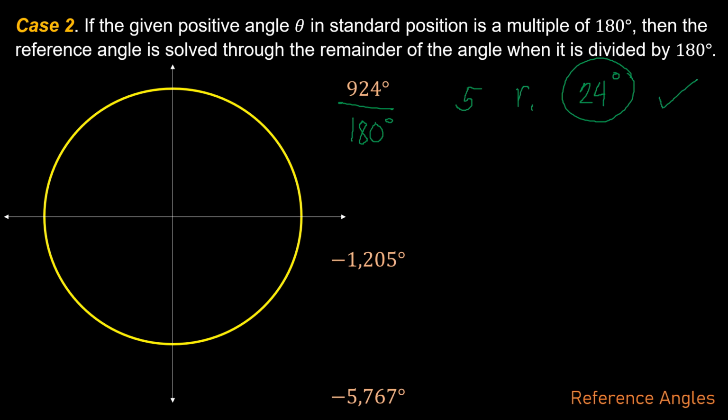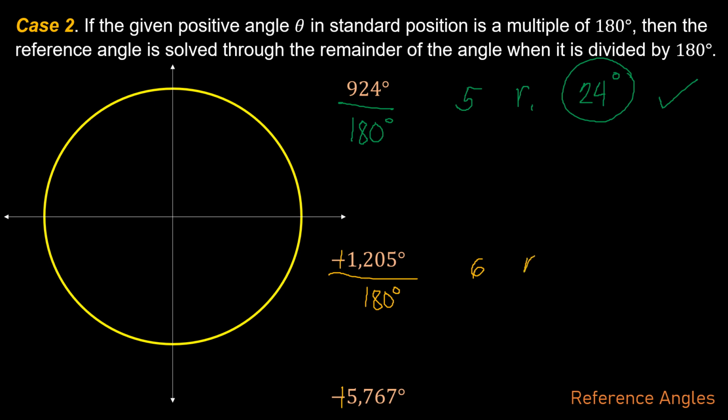What about if we have negative angle measurements? Ang gawin ulit natin, iti-treat natin siya as positive. I-treat natin sila as positive. So, i-divide mo yan sa 180 degrees. 1,205 divided by 180 degrees will give us 6 as the whole number quotient.